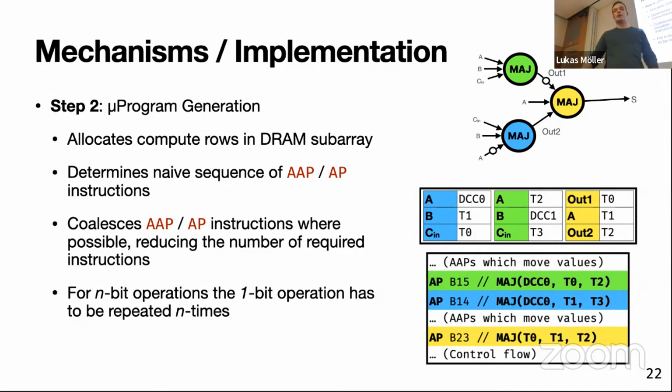So now we had a single bit full adder, but when we wanted to add 32-bit numbers, we would have to add code around these activate precharge commands to repeat all of these commands multiple times, for example, 32 times. And the result of this microprogram generation is then stored in memory so that the SIMDRAM control unit can read it from there.